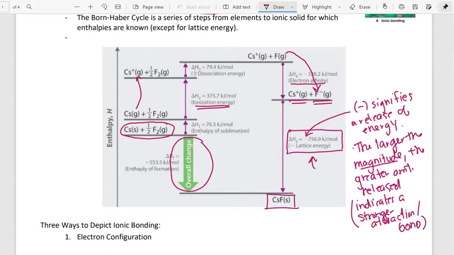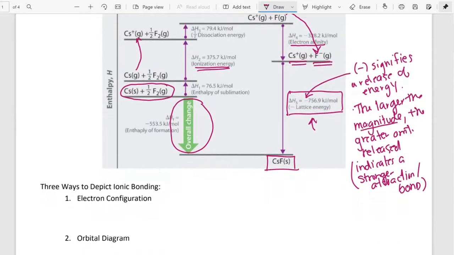We're going to get into what factors affect the strength of that attraction and bond, and why we might get a smaller or greater magnitude of lattice energy. So we will come back to that.